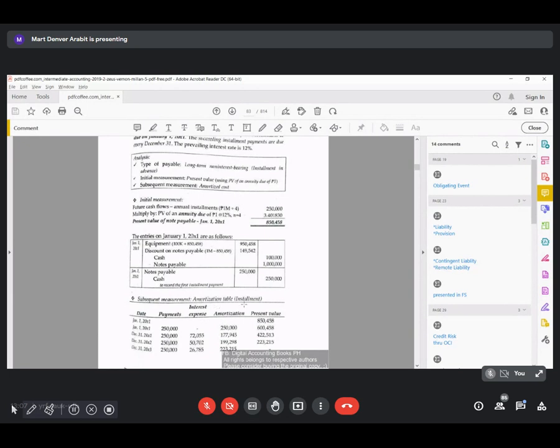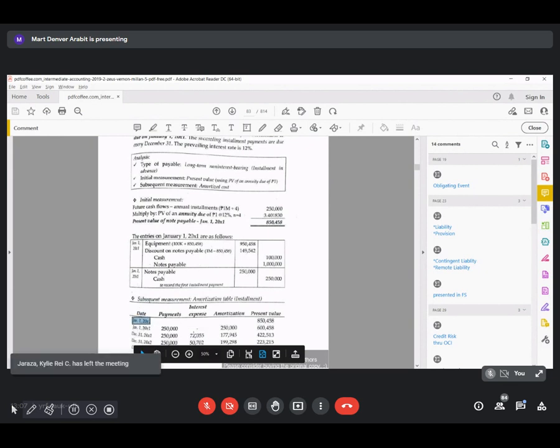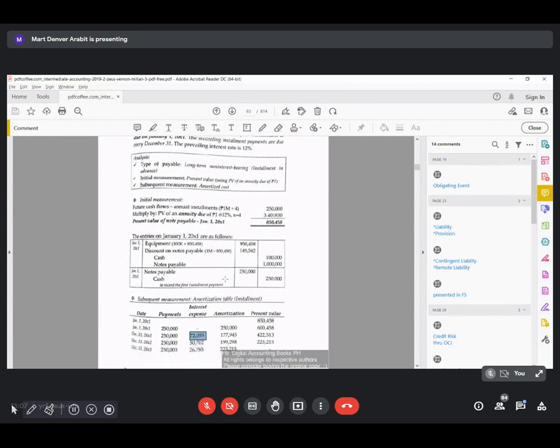So, kung magtataka kayo dito, Sir, December 31, 2021, may interest na. Okay? So, mag-accrue lang siya at December 31, but again, it is payable on January 1, 2022, which is hindi nakalagay dito. So, accrual lang to ng interest expense, but it should be actually paid on January 1, 2022.